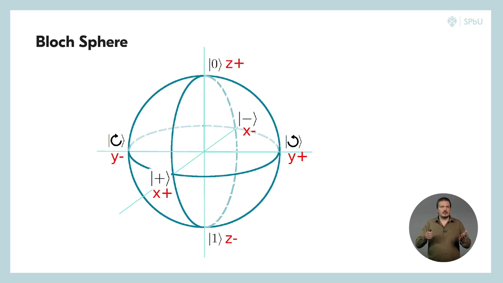But it is an analog of the rotational basis for photons. That's why I called it this way. Okay. Particles that have this kind of measurement results in the Stern-Gerlach experiment, just two measurement outcomes, are called spin 1/2 particles. And they represent a perfectly defined two-level system for us.